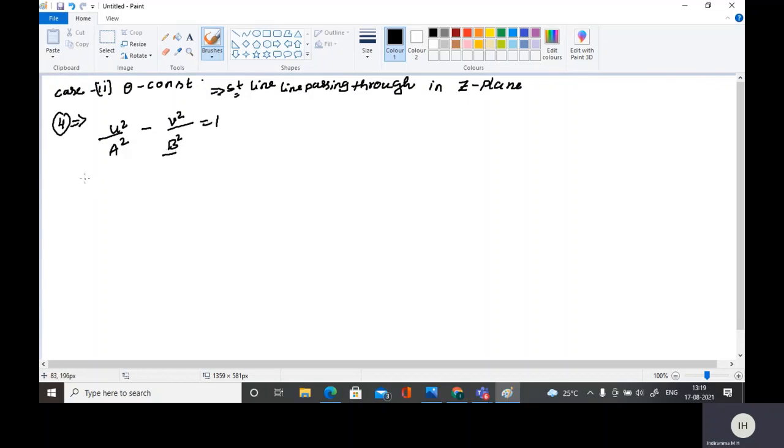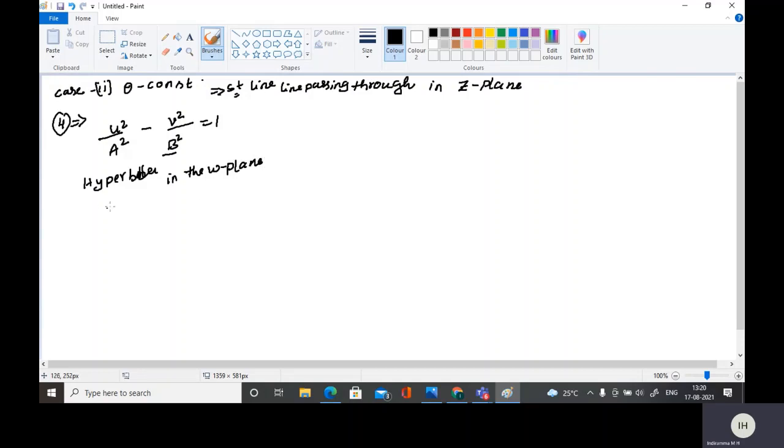What does it represent? It represents a hyperbola in the w plane, because we have u and v in the w plane.